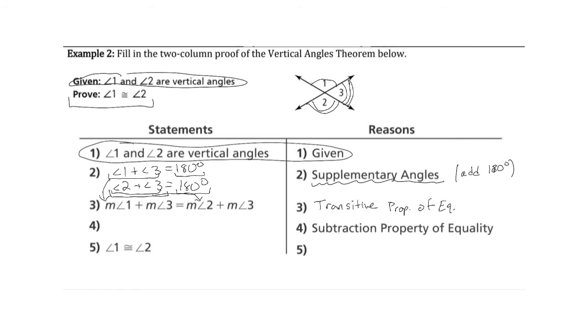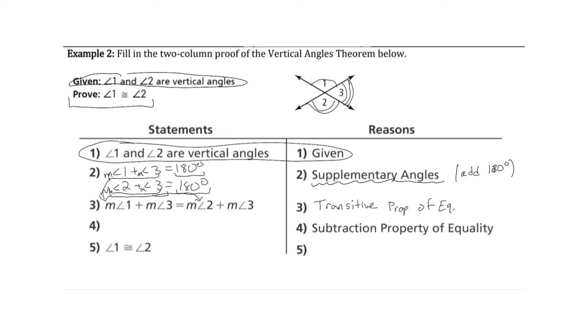The next one says subtraction property of equality. So we need to use the subtraction property of equality to, sorry, these should say measure of angle 1 plus measure of angle 3, and measure of angle 2 plus measure of angle 3, because the measures add up to 180 degrees.